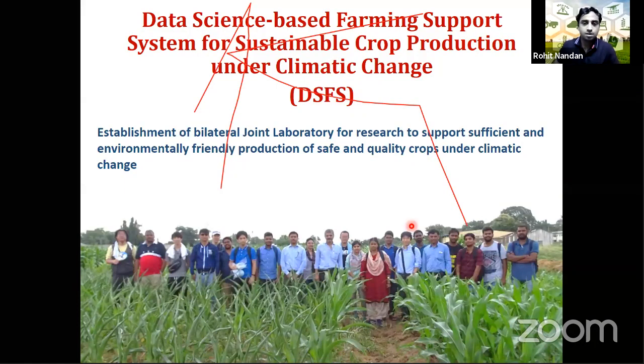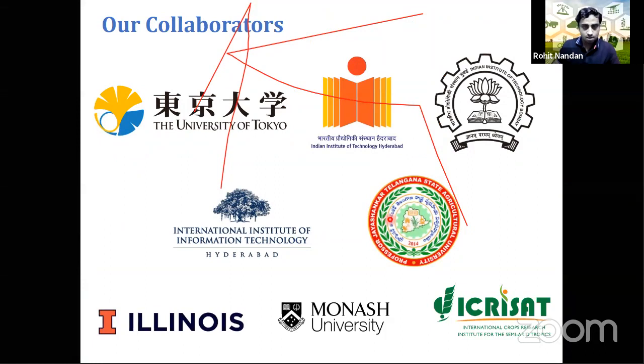In this project, researchers from the University of Tokyo and IIT Hyderabad are involved, and IIT Bombay is playing the lead role. With that, IIT Hyderabad and Telangana State Agricultural University, with Professor Jasankar Prasad, are also helping us, and our research farm is established in their farm.